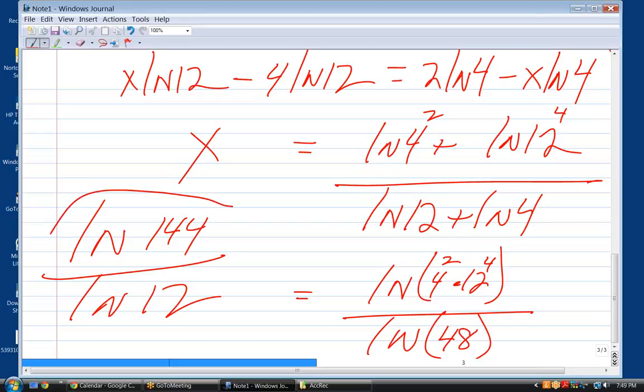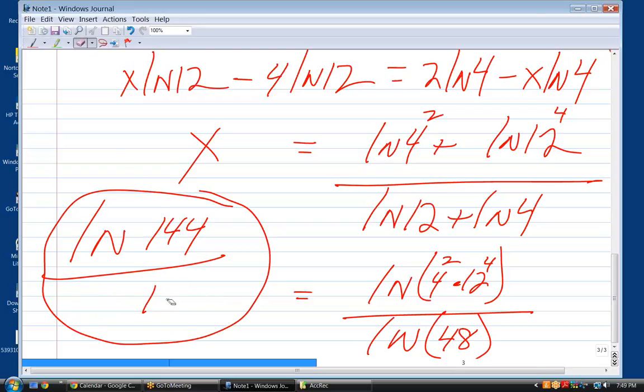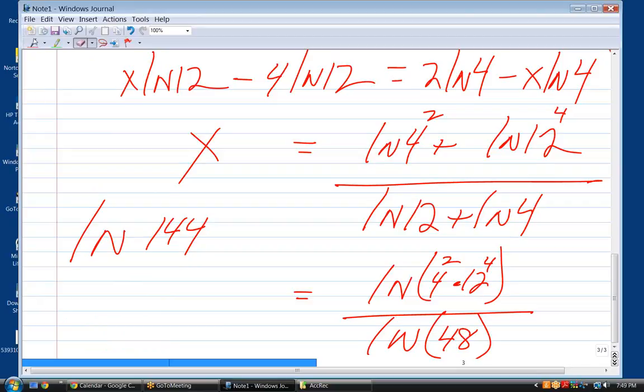If division is going on both top and bottom, you can't simplify that. It would be only if I had the natural log of 144 minus the natural log of 12 that I could say, okay, that's equal to this.